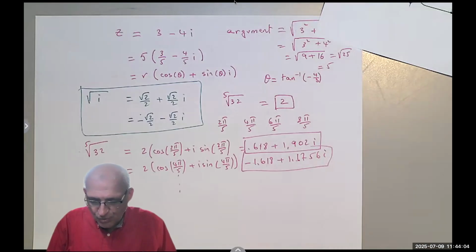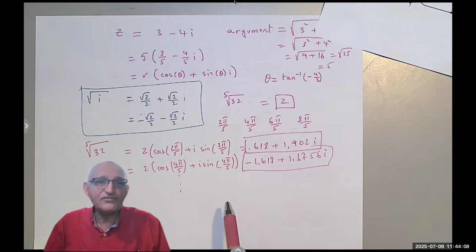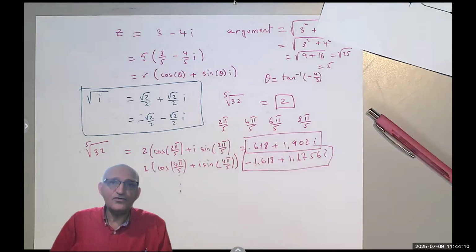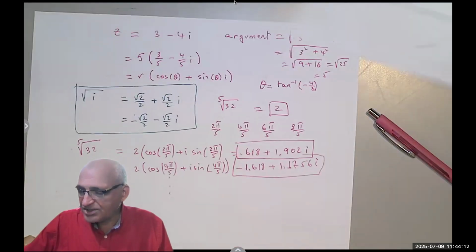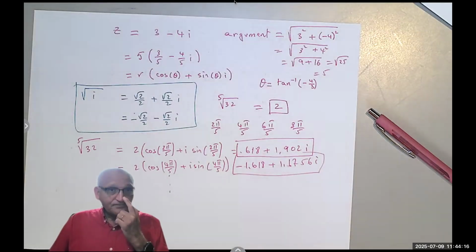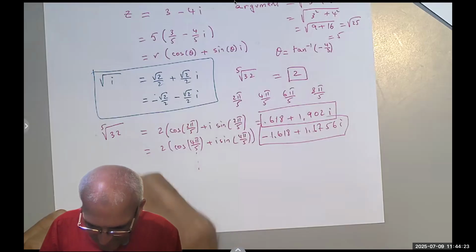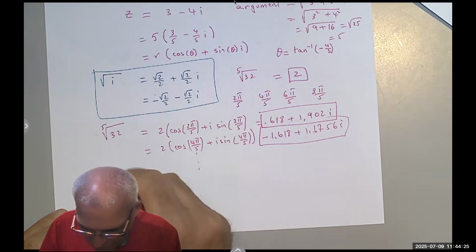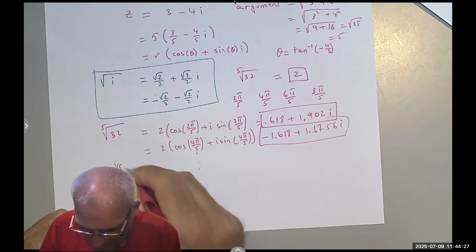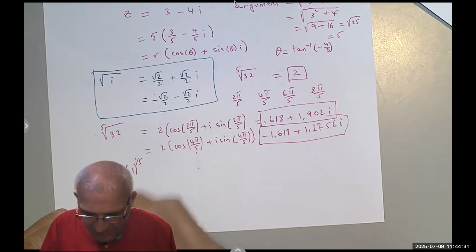But they would be 2 times cosine 6 pi over 5 plus i sine 6 pi over 5, and then 8 pi over 5, which is a direct application of De Moivre's rule. Because we said we can say that this equals 32 to the 1/5 times 1 to the 1/5. 32 to the 1/5 is 2.